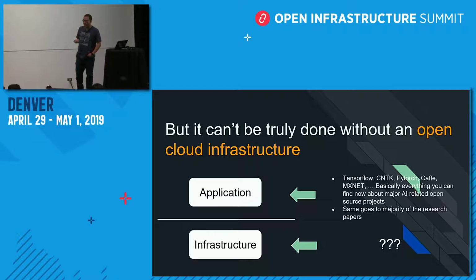We have different AI applications running on the cloud on various frameworks like TensorFlow, MXNet, PyTorch, Caffe, all of those. And the cloud providers need to provide the proper infrastructure capabilities for these workloads.